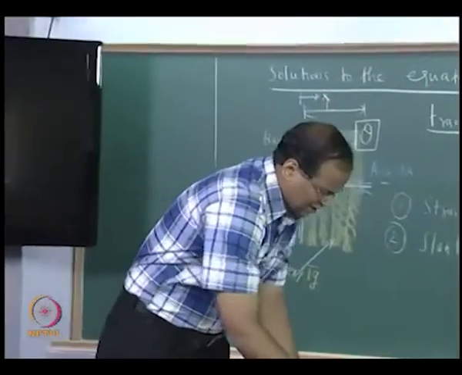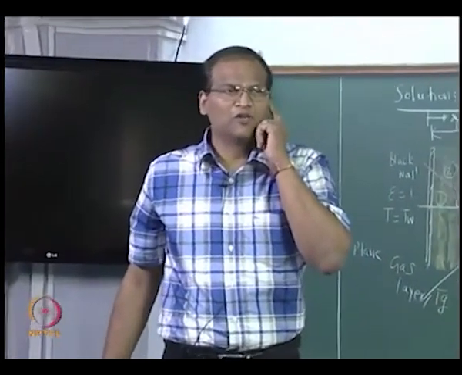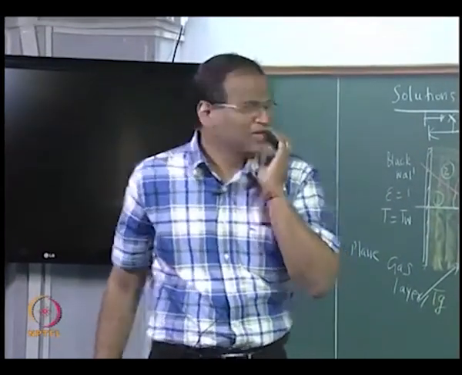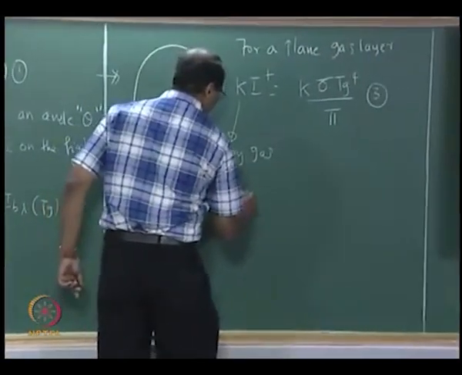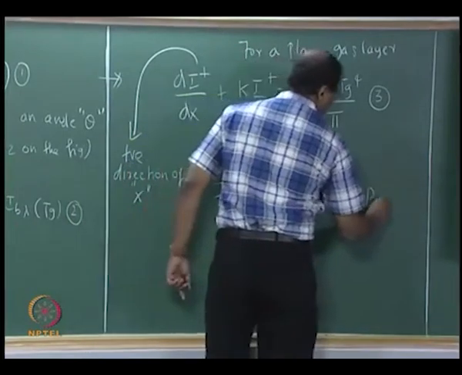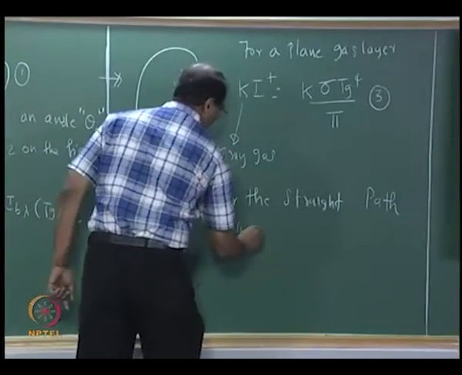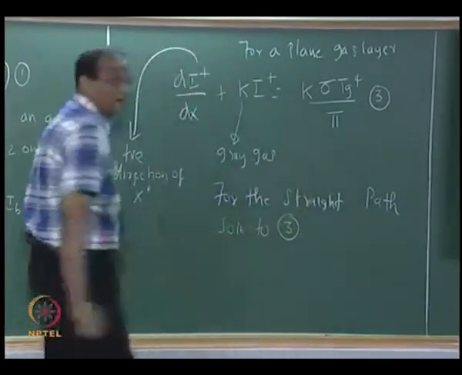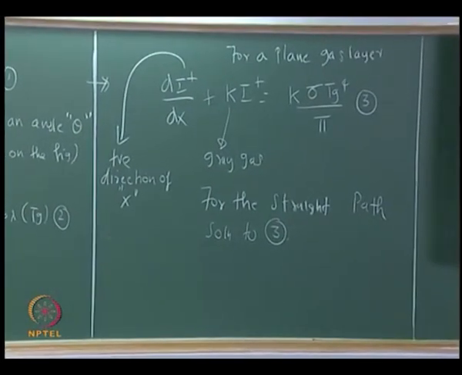Now we can solve the equation of transfer for the straight path and then we will infer what the solution will be for the slant path. So let us try and solve equation 3 for the straight path. The solution to 3 consists of 2 parts, namely the complementary function plus the particular integral. The complementary function is obtained by setting the right hand side equal to 0 in equation 3.